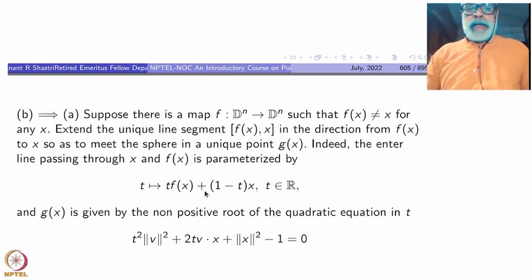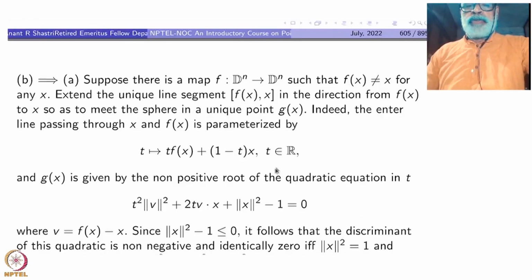Therefore, I have to take the non-positive root of the quadratic equation. Why a quadratic equation? The norm of the right hand side must be equal to 1. Norm square equal to 1 will give you a quadratic equation. So I am rewriting it this way: t square times norm v square plus twice t times v dot x, plus norm x square minus 1 equal to 0, where v is a short form for the vector fx minus x.